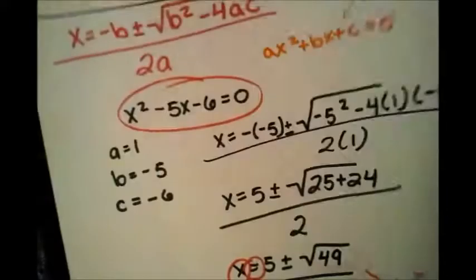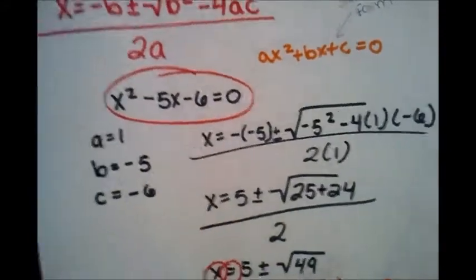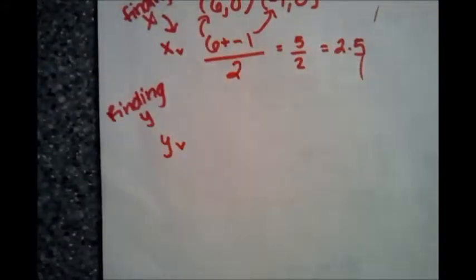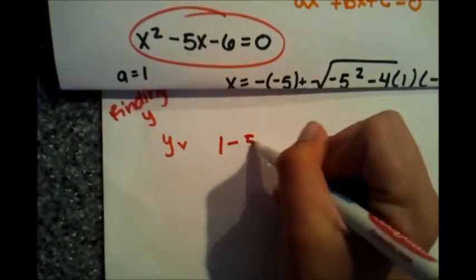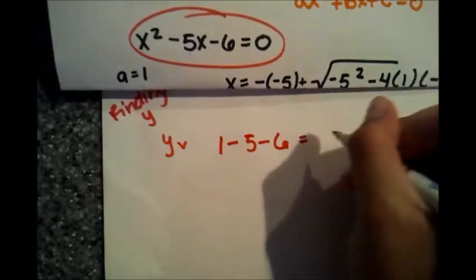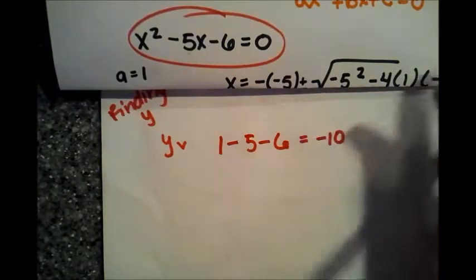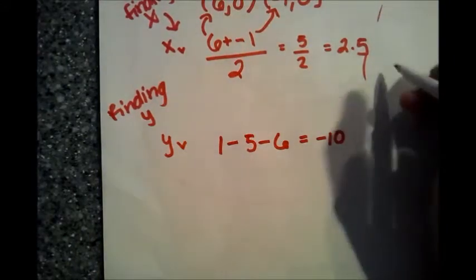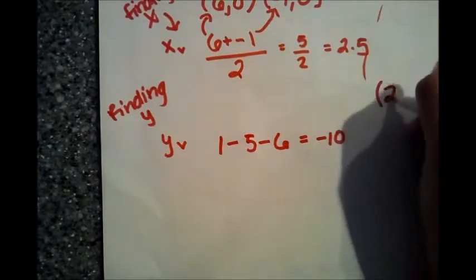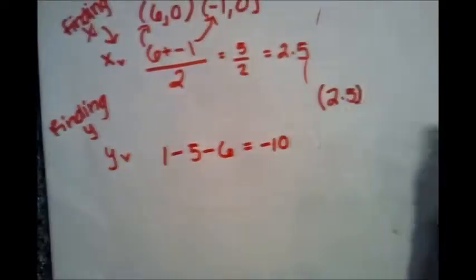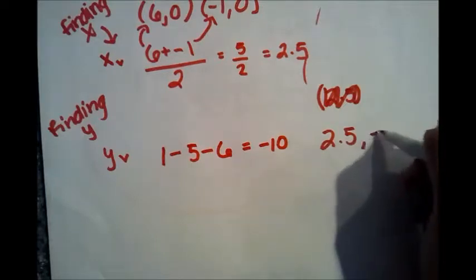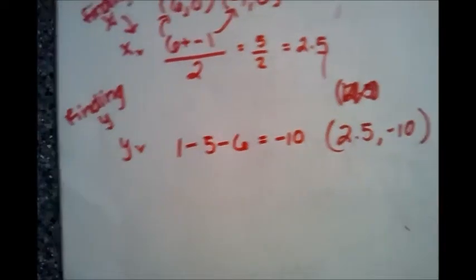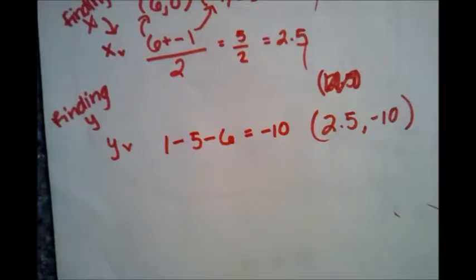To find the y, you combine the three numbers from your original problem, the one before using the quadratic formula. One minus 5 minus 6 gives you negative 10. So now your axis of symmetry is 2.5, negative 10. Now we can begin to graph.